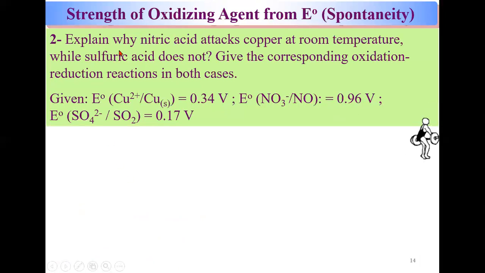Let's look at number 2: explain why nitric acid attacks copper at room temperature, while sulfuric acid does not. Give the corresponding oxidation-reduction reaction in both cases.